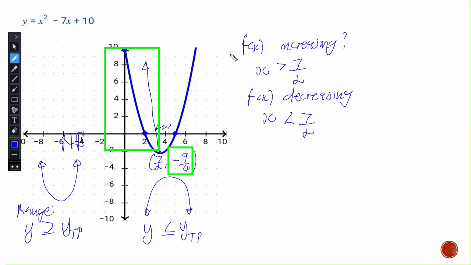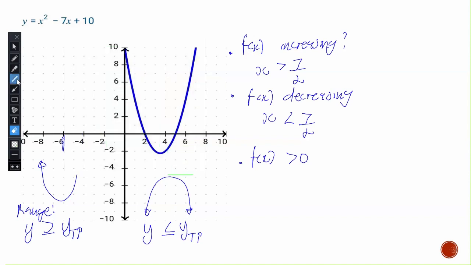And then we have other questions. Where is f of x greater than 0, which we did decipher. It means where is it above the x-axis? To answer that, we simply need to look at the intercepts.